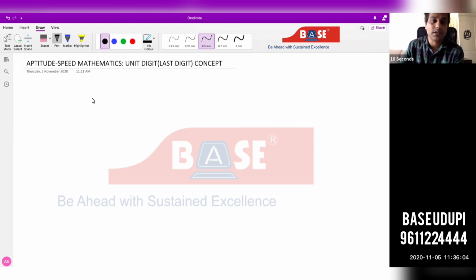This comes under the unit digit concept or last digit concept. So this is the shortcut which we are going to discuss today. I'll repeat, under speed mathematics, unit digit concept.